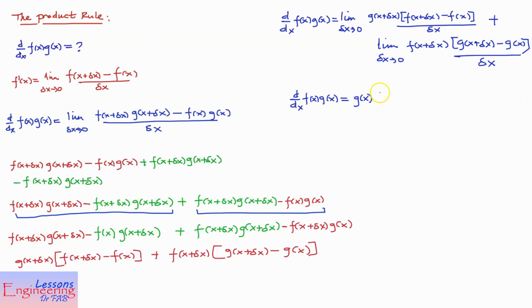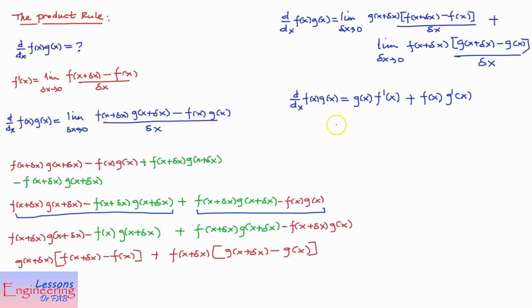So that will be the first derivative of f of x, plus, and again the same way, as sigma x approaches 0, that will approach 0 and you'll have f of x, and again that will be the definition of the derivative of g of x. Okay, so times the derivative of g of x.